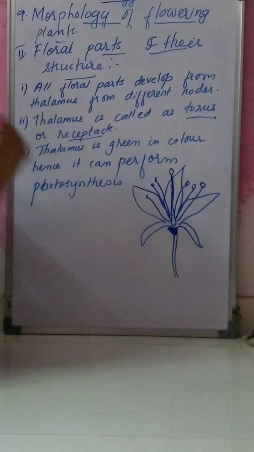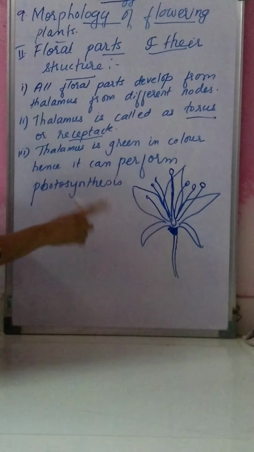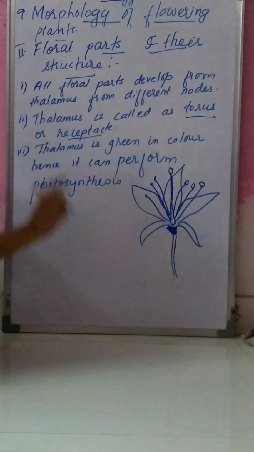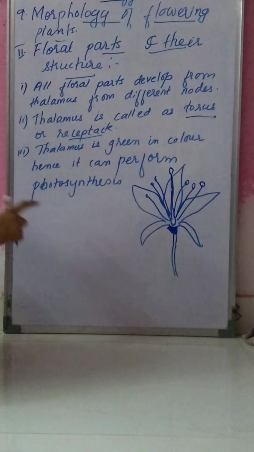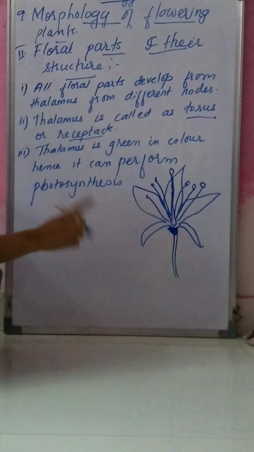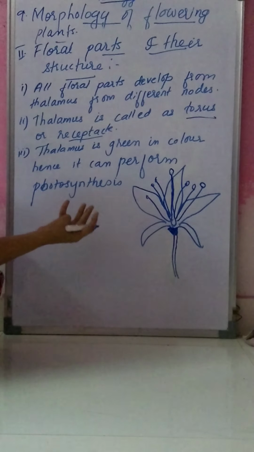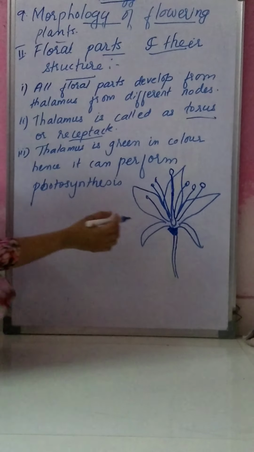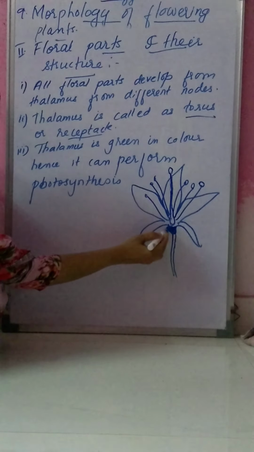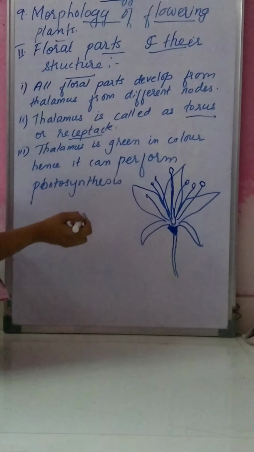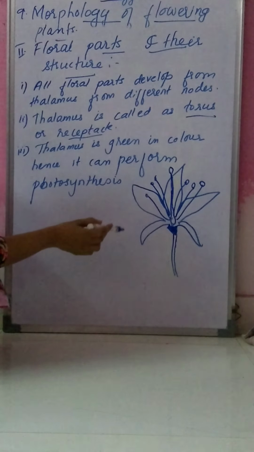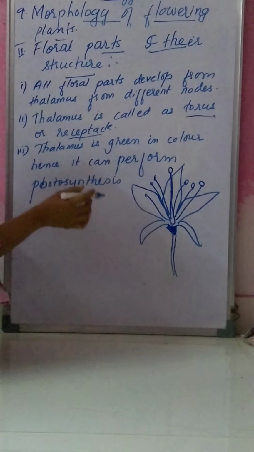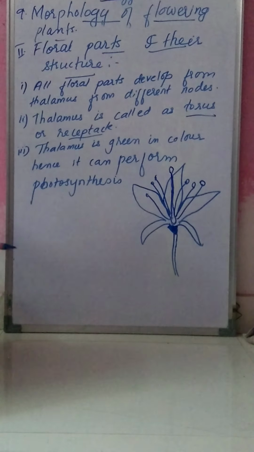All four floral whorls, that is calyx, corolla, androecium and gynoecium, develop from the nodes of the thalamus, and this thalamus is green in color and is also called torus or receptacle.